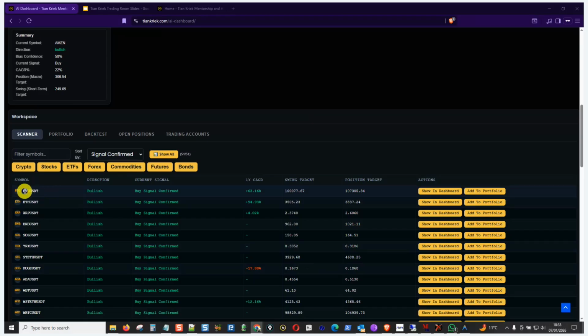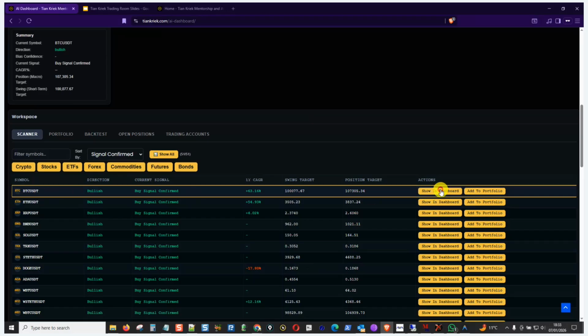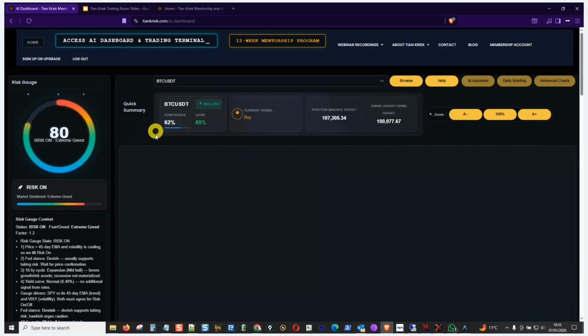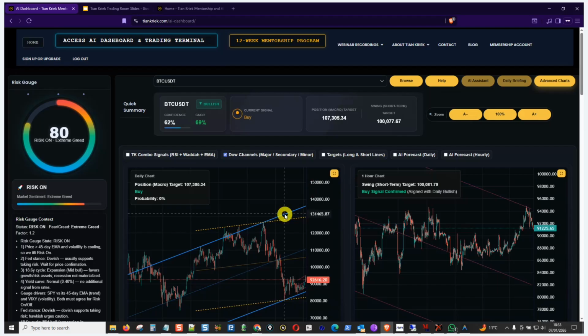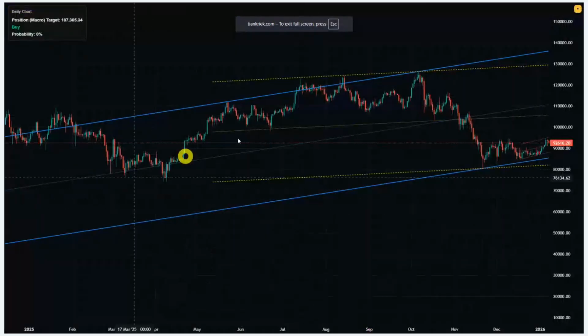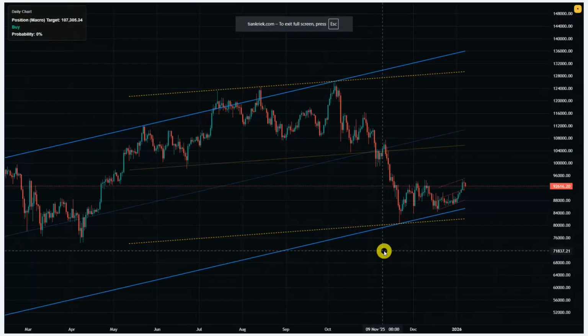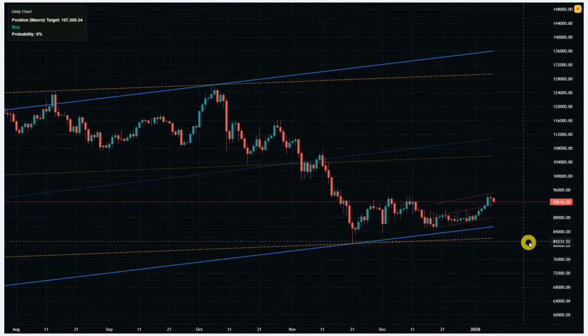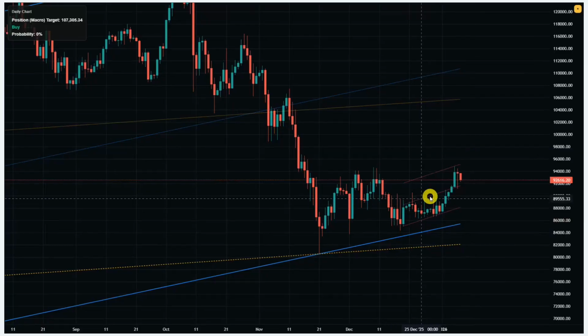So I can click on BTC USD. I can click show and dashboard, and then the whole dashboard will change to Bitcoin, including the advanced charts. And then let's have a look at the analysis. Okay, so there's a current bull trend on Bitcoin. The market bounced against support. There's a nice bullish minor trend going on here.